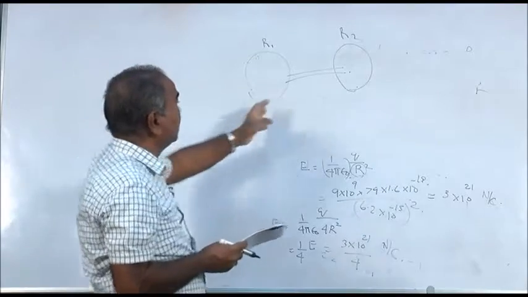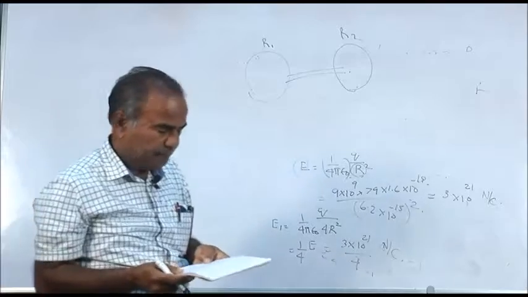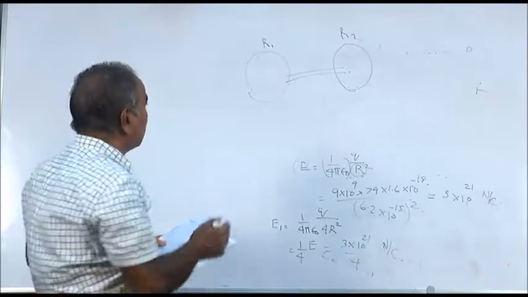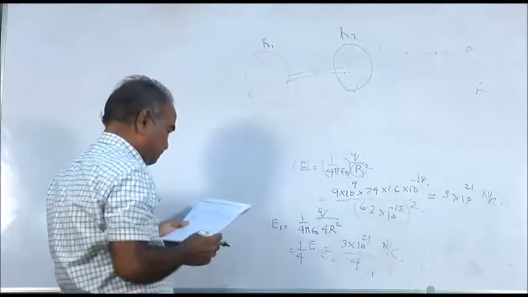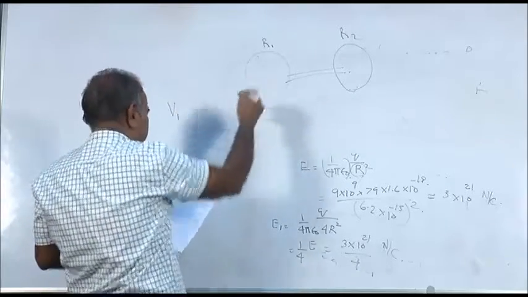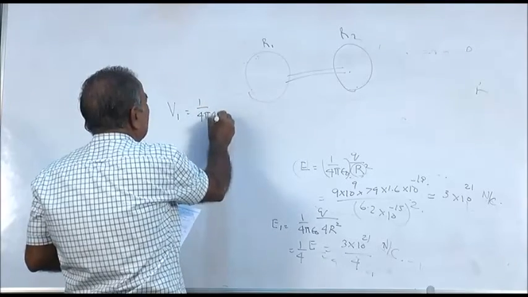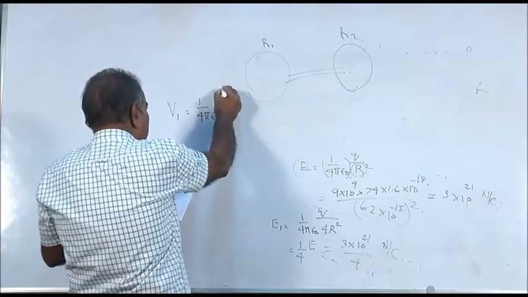When they are joined, we find that the potential of them becomes equal. Potential of this sphere is V1, that is equal to 1 by 4 pi epsilon 0 Q1 by R1, if it attains a charge of Q1.